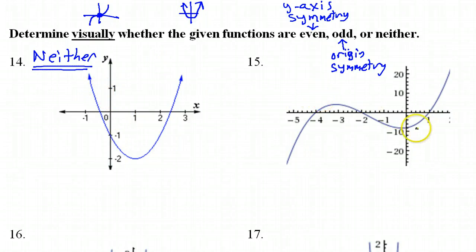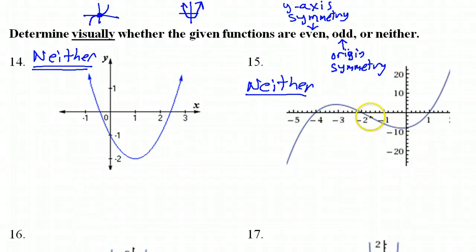Alright, number 15. Is this even, odd, or neither? Say it out loud. Okay, number 15 is neither as well. This is trying to be odd. If I picked the right point, this would have rotational symmetry. I could turn it upside down, it would look the same.